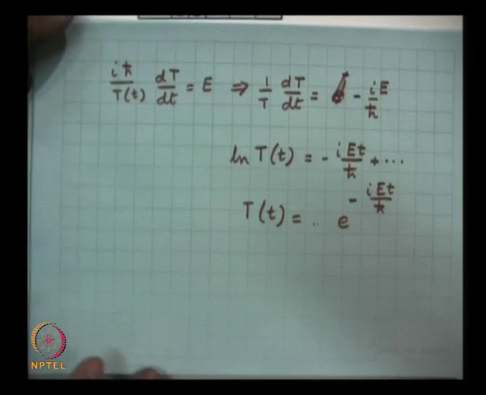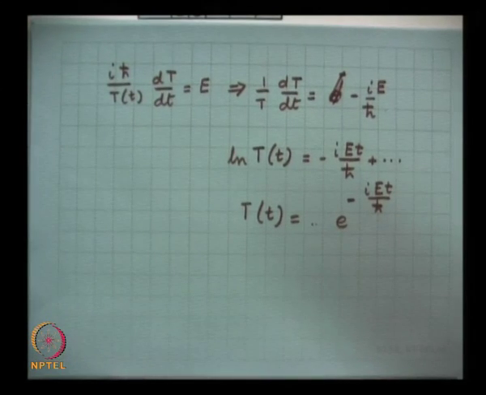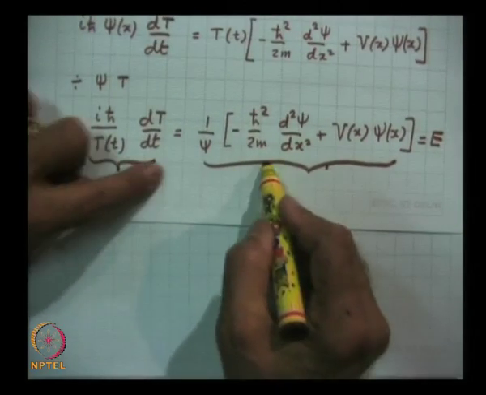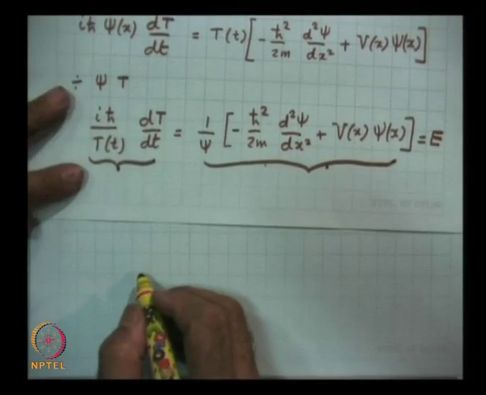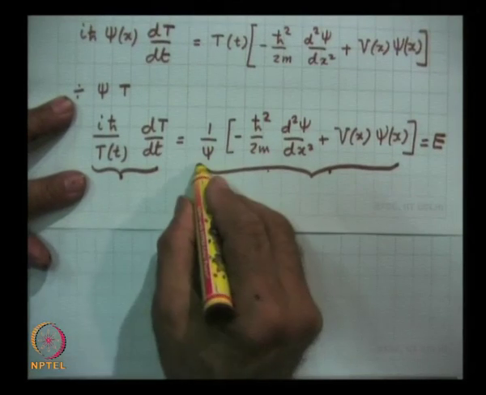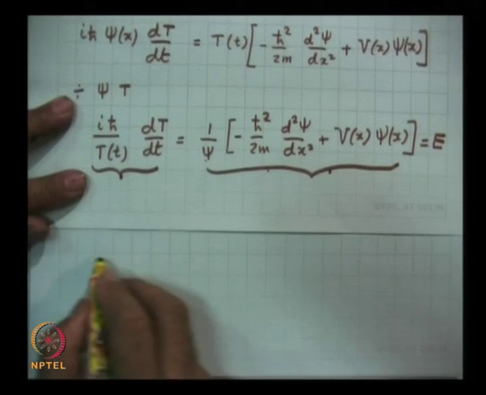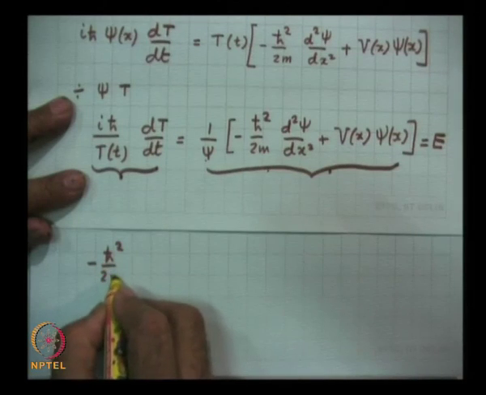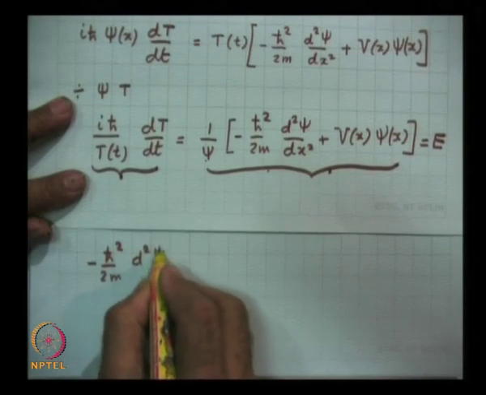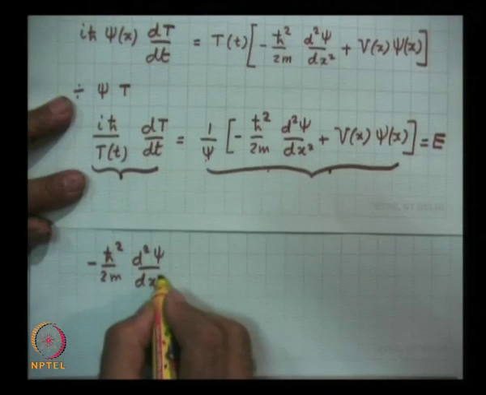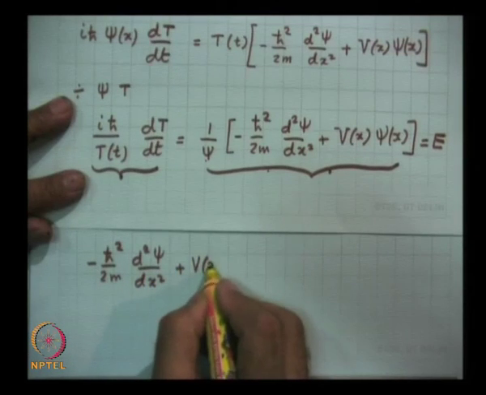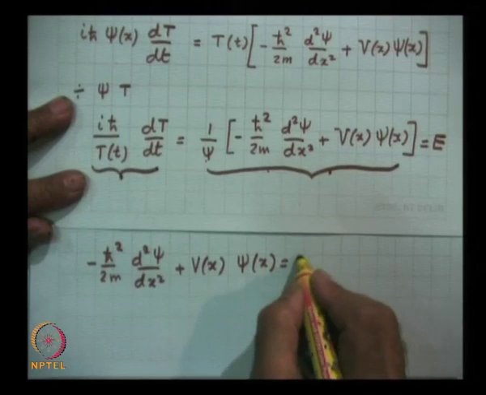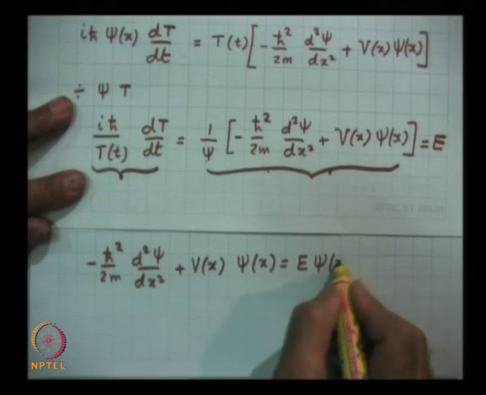So, this is the solution of the time dependent part, and the solution of the space dependent part is very simple. If I take psi on this side, you get minus h cross square by 2m d 2 psi by dx square plus V of x psi of x is equal to E psi of x.